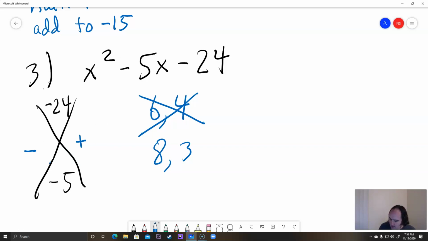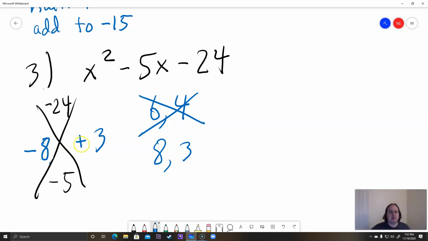So if we try negative 3 and positive 8, we have negative 3 times 8 is negative 24, but negative 3 plus 8 is positive 5. But we actually want negative 5. So the order we want is actually negative 8 and positive 3.